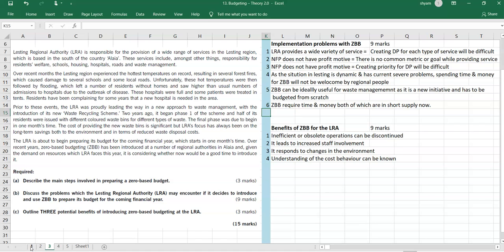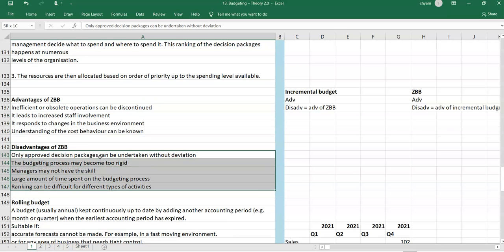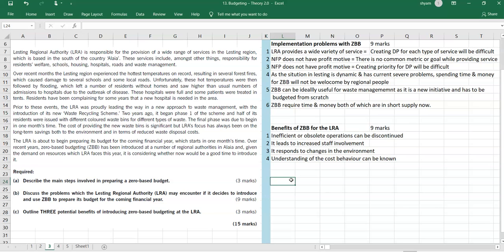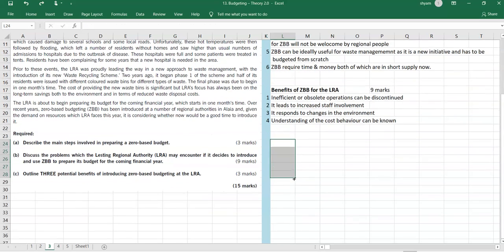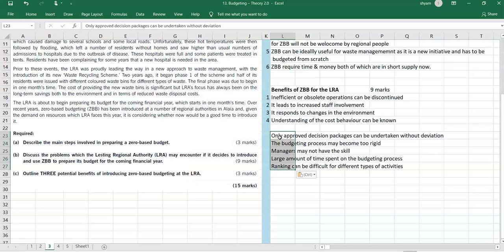So drawbacks, we'll just see what the drawbacks are, so that you can see whether we could copy any of the drawbacks here. Whichever drawback is applicable, we can take. See, this we can take: only approved decision packages can be taken without deviation.